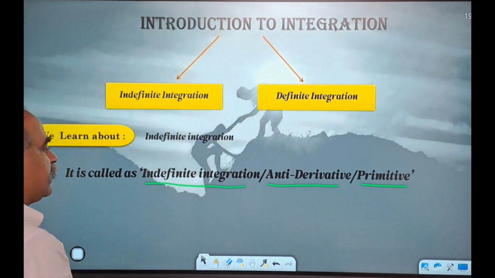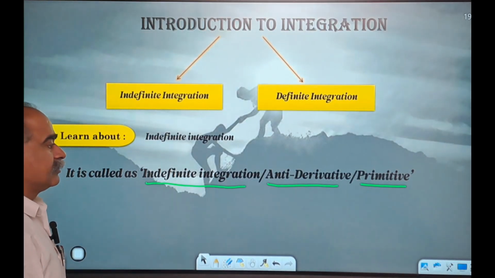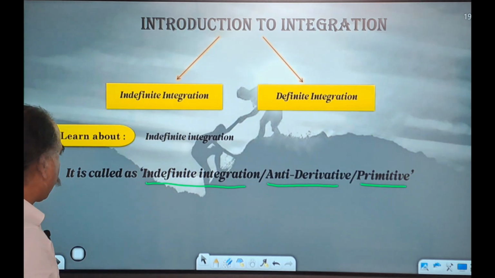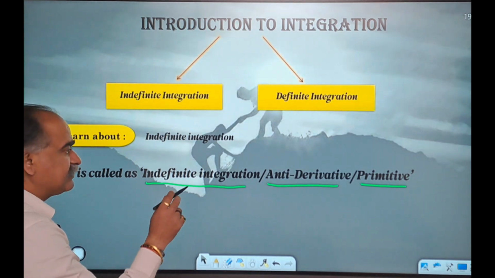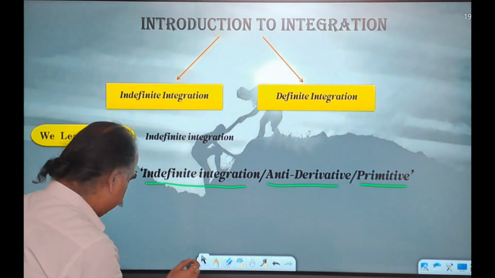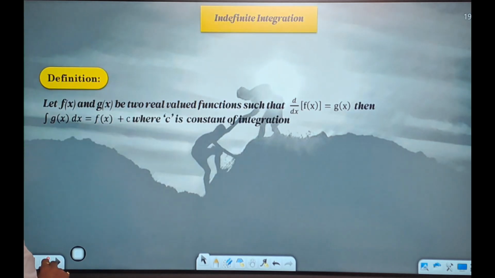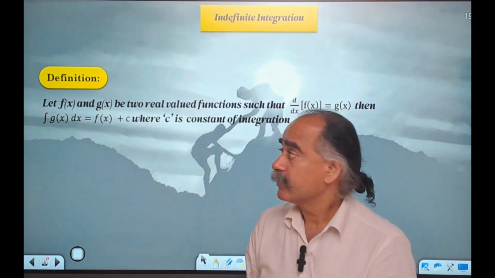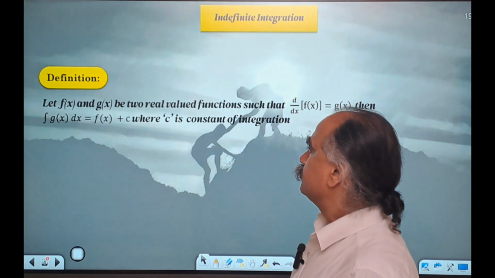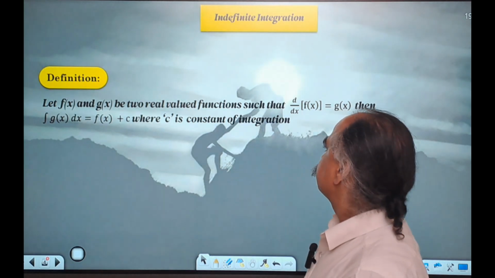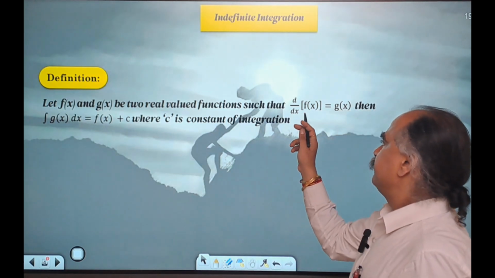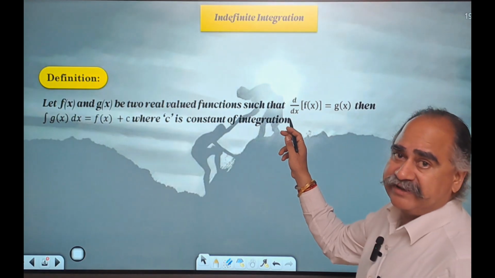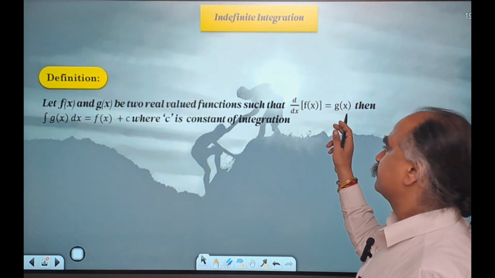Why is it called indefinite integration? And why is it called antiderivative? See here. Let f(x) and g(x) be two real valued functions such that derivative of f(x) with respect to x is g(x).